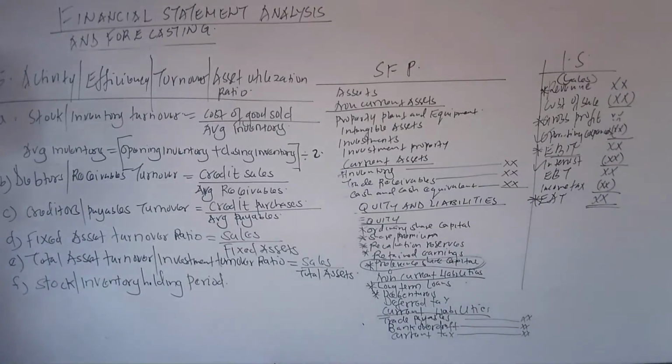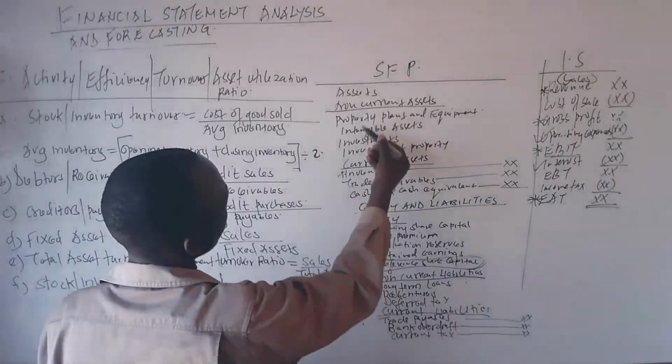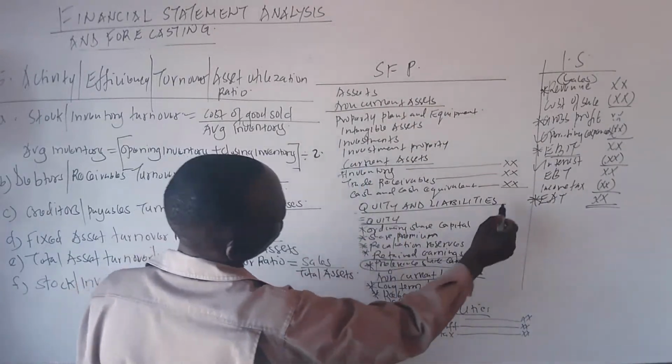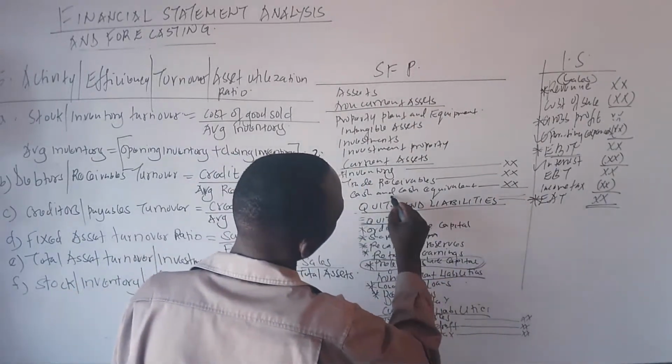These are for the total assets turnover ratio or investment turnover ratio. We said sales over total assets. Total assets are the current and non-current assets, so you take the two and the total will be your total assets.